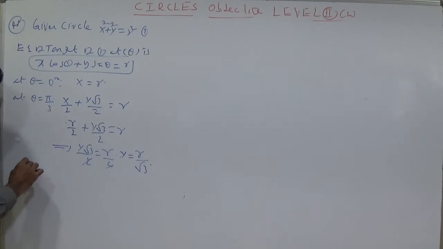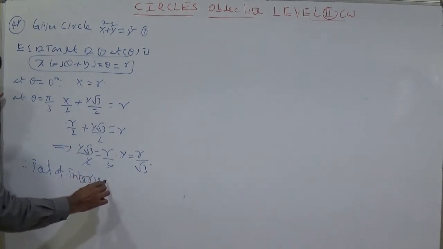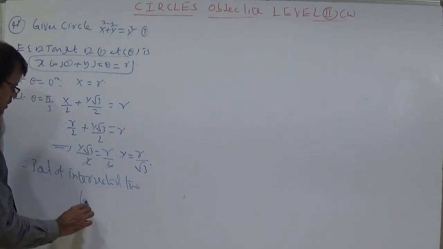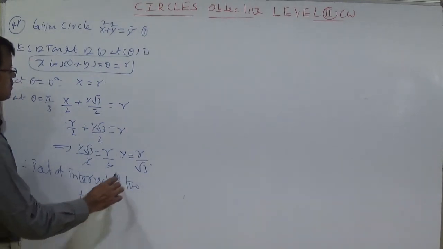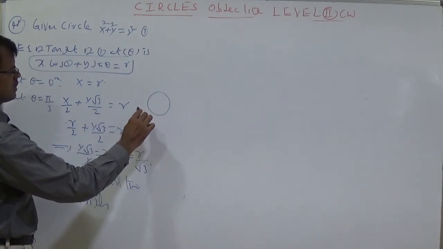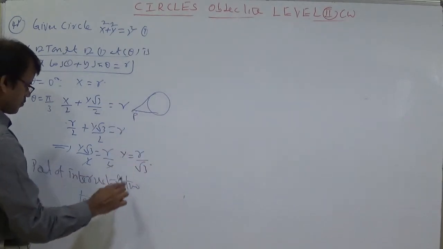Now you can write the point of intersection of two tangents at theta equal to 0 and theta equal to pi by 3. Simply draw a rough diagram like this. Put a P here.